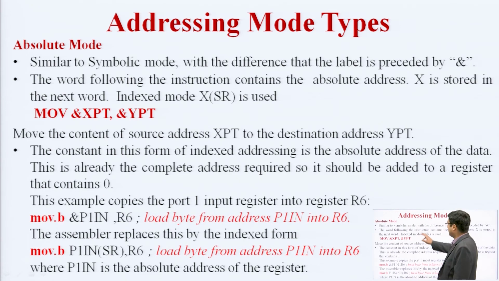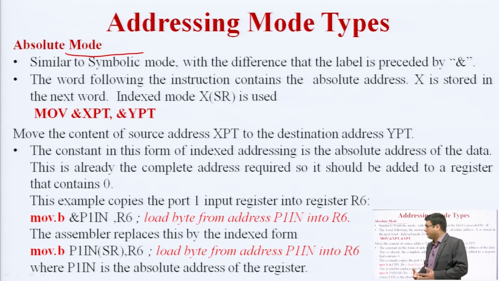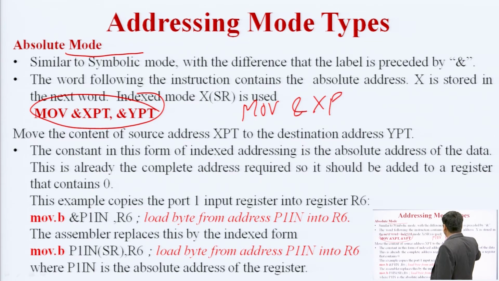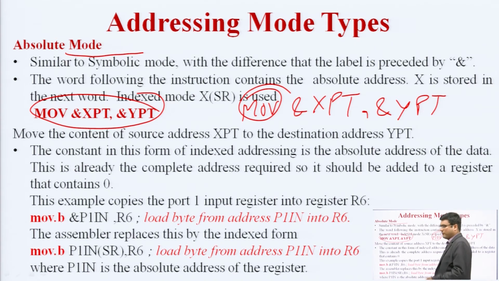After that we have another addressing mode, that is absolute mode. As the name implies, we are dealing with some absolute memory location. It is represented by this instruction: MOV, &XPT and &YPT. Here MOV is the opcode, the operation code, to tell the processor that we have to move something from the source operand to the destination operand, and XPT is the source operand and this is the destination.